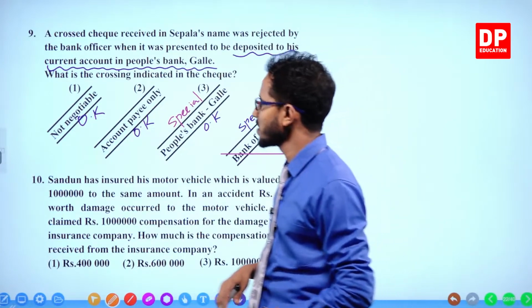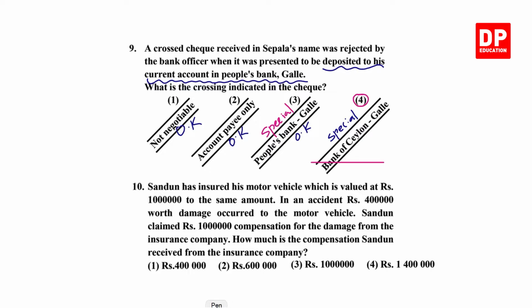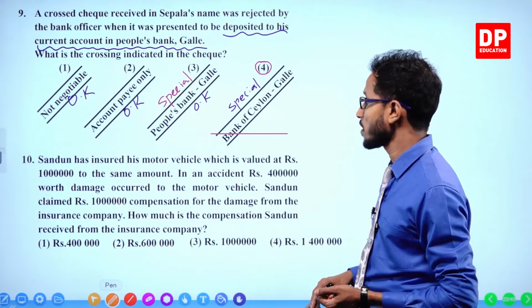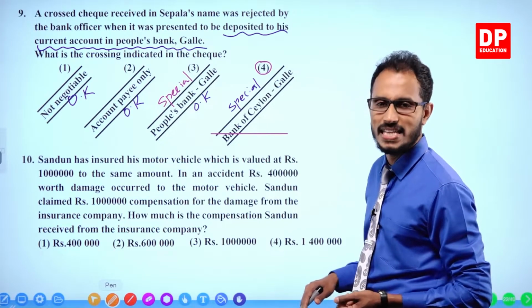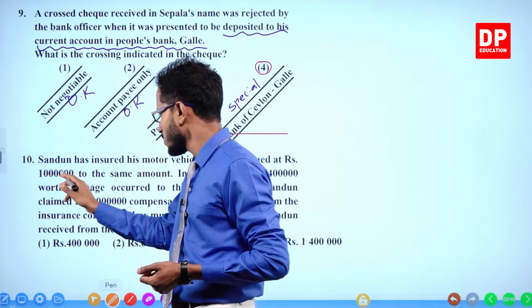Got it? 10th question. Sadun has insured his motor vehicle. Sadun has a car. He has insured his car, valued at rupees 1 million.